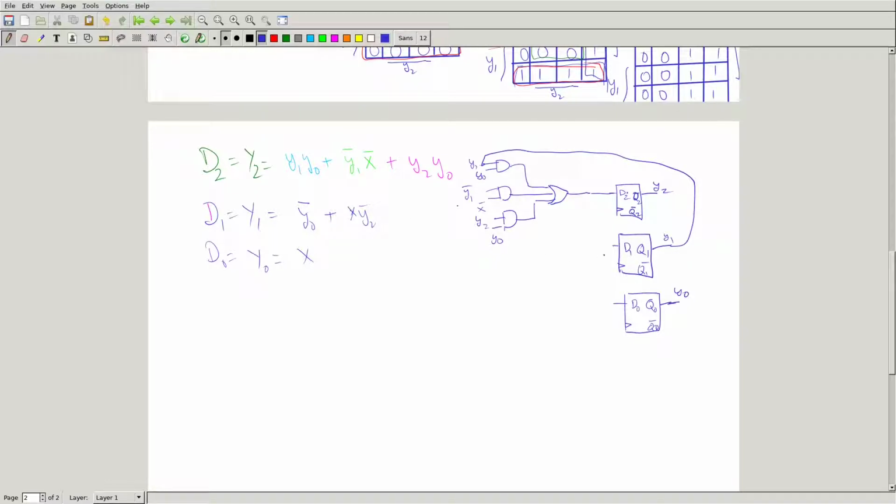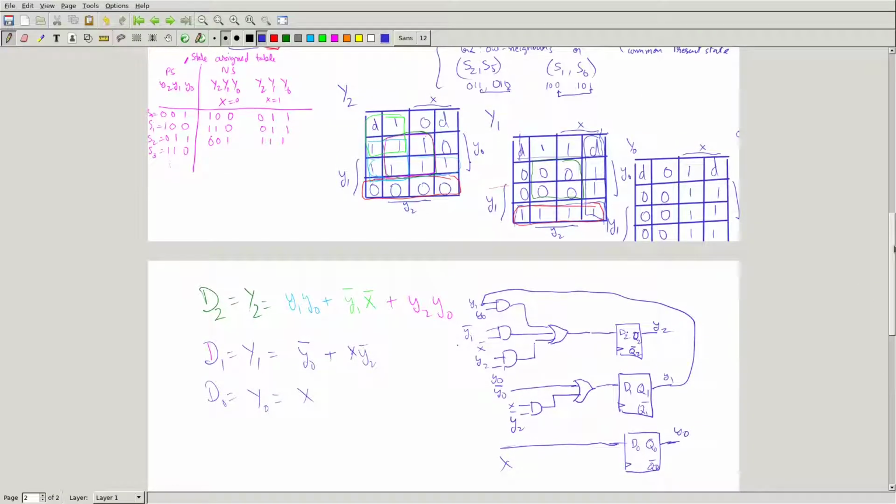And then for D1, you have y1 bar going into this, and a single AND gate taking in x and y2 bar, and this one you just get an input x.